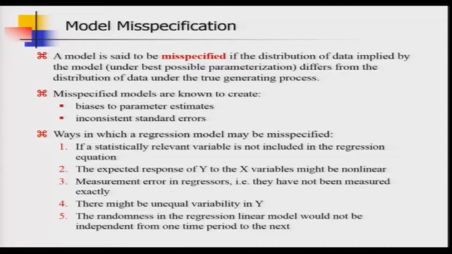And finally, we come to the last point, which says that the randomness in the linear regression model would not be independent from one time period to the next. What do I mean by that? I have actually camouflaged one term that I have already introduced in the course. Do you remember that I introduced a term called serial correlation or autocorrelation?